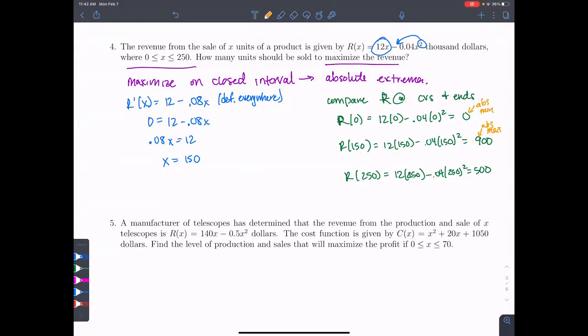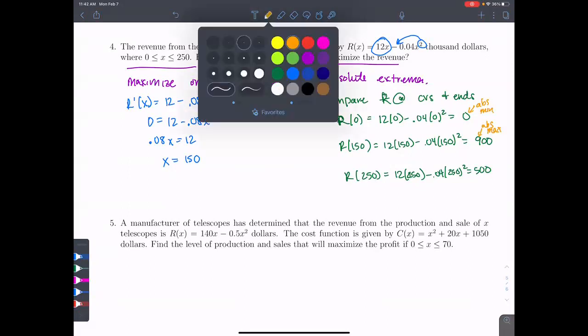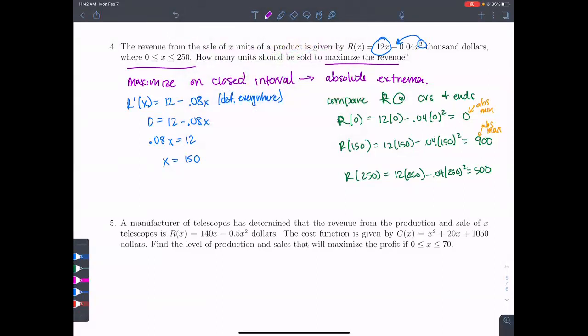And then their revenue after they sell, they want to sell 150 things to maximize that revenue. So if they go beyond that, they are decreasing their revenue. So they should sell 150 items or units to maximize revenue.